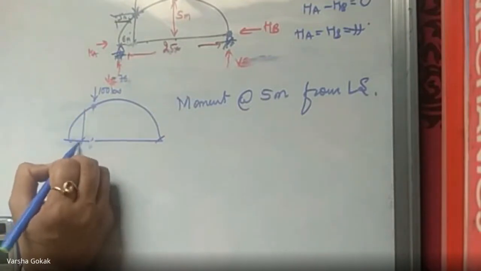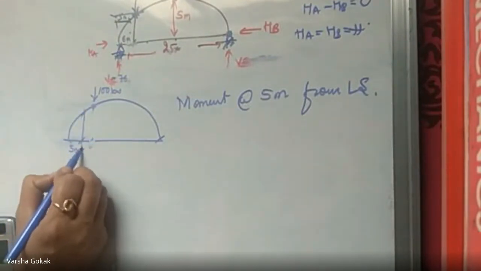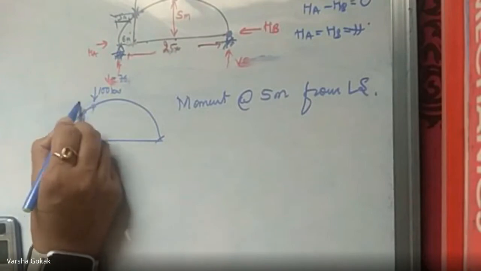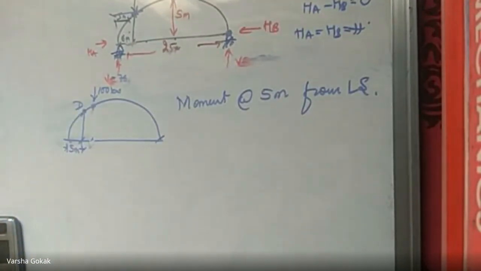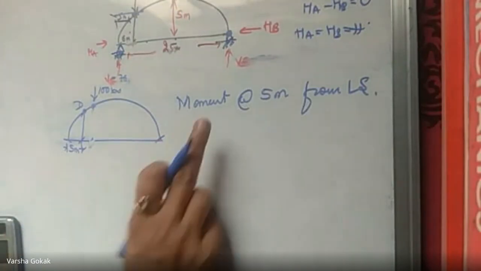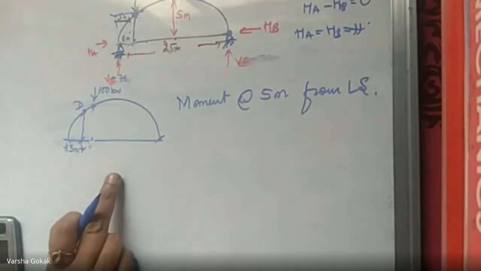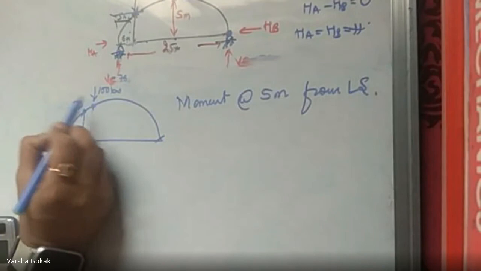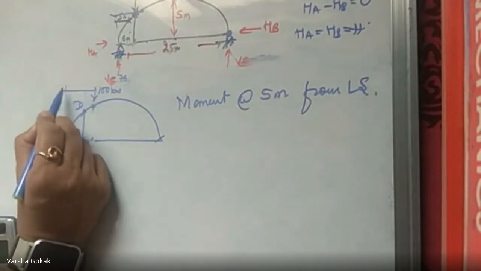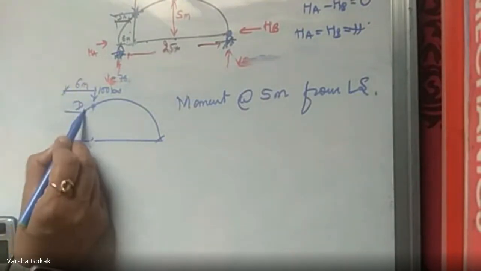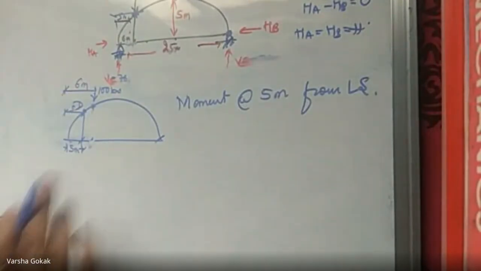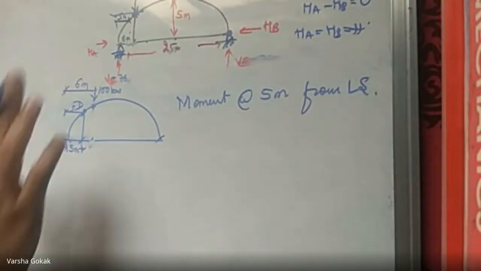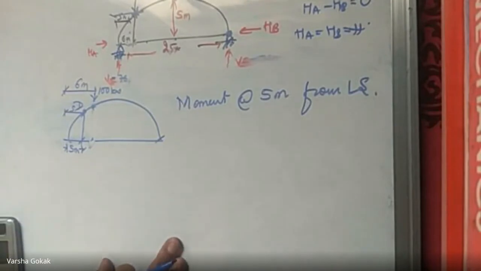Now at 5 meters from here, I have to take this point as point D, and find the moment at that point D. Now this 100 is at 6 meters and this is 5 meters, D point. How do we go ahead? If I want to take moment at that, what would be my equation?